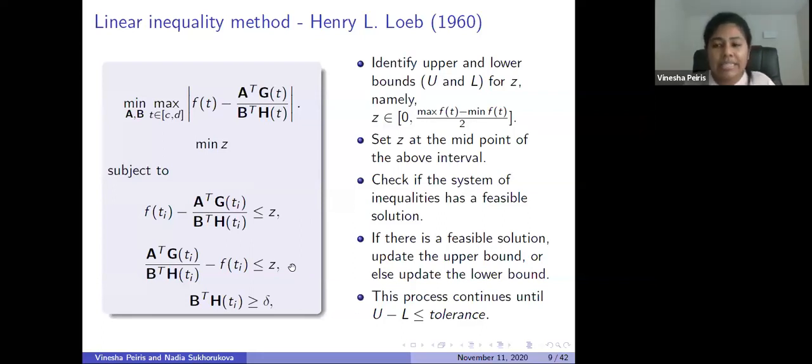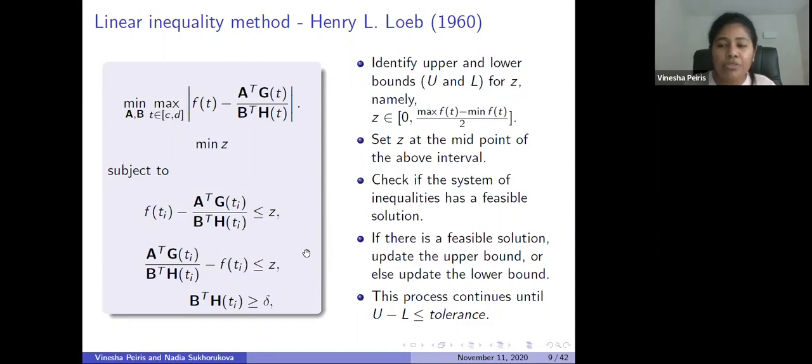So at each step of this process, they have to check if there is a feasible solution for this inequality set. The way to check if there is a feasible solution or not was done by solving a linear programming problem. So at each step, they fix z at the midpoint of the interval, then they solve the linear programming problem to check the feasibility of the original problem.